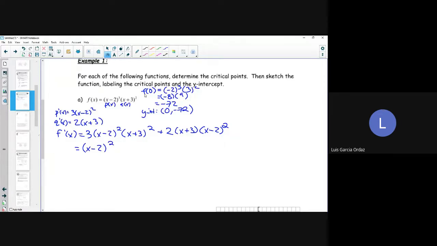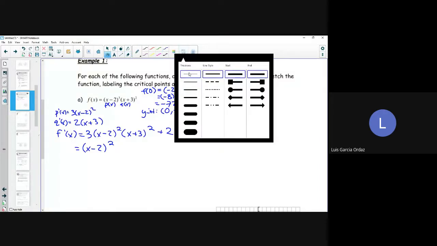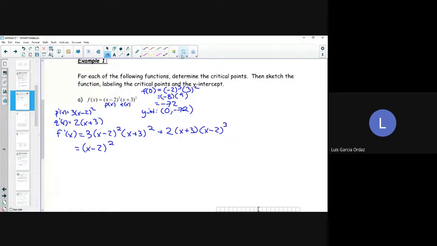It should be 3, that's my bad. And I get an (x plus 3). Those are my common factors. So what I'm left with is 3 times (x plus 3) plus 2 times (x minus 2).